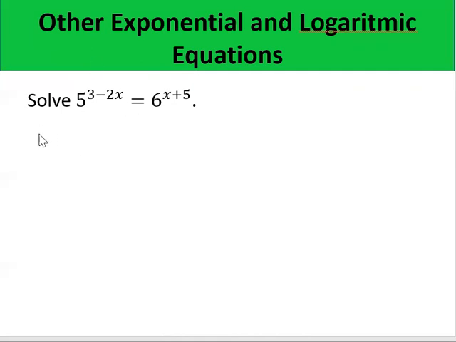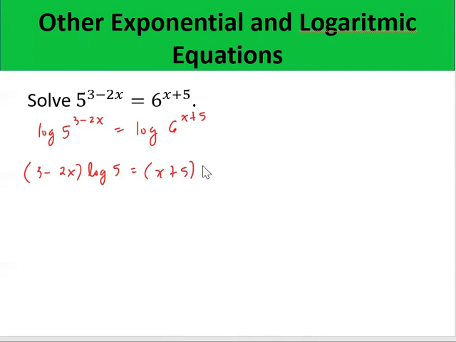So if we're going to apply logarithm of 5 raised to 3 minus 2x is equal to the logarithm of 6 raised to x plus 5, applying the law of logarithm wherein we bring down the exponents, then this will give us 3 minus 2x times the logarithm of 5 is equal to x plus 5 times the logarithm of 6.